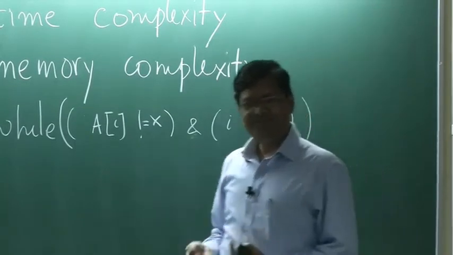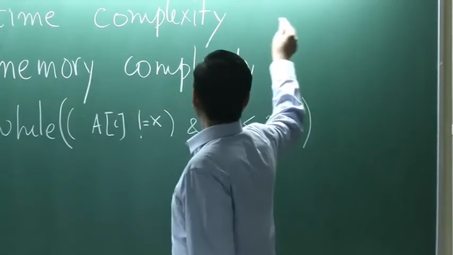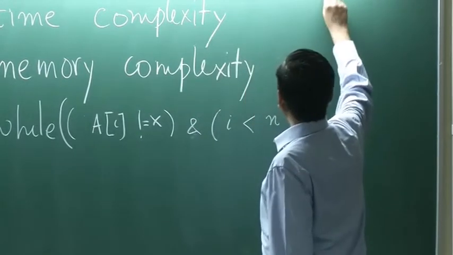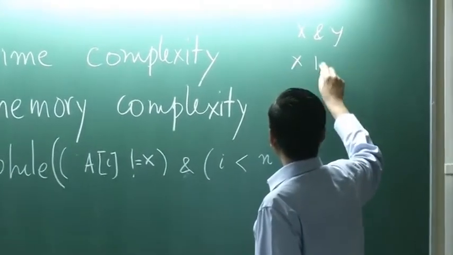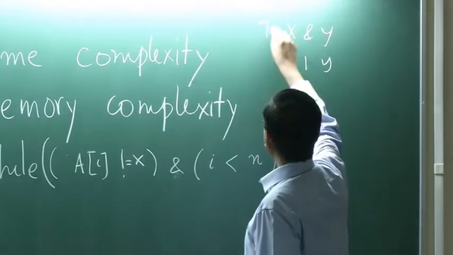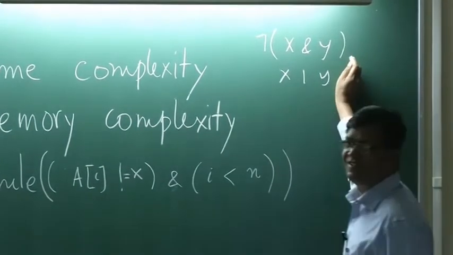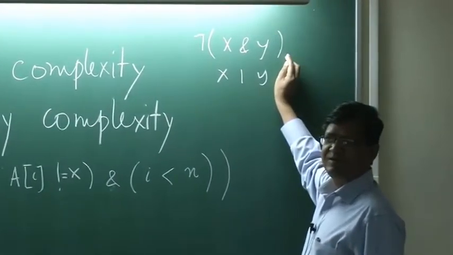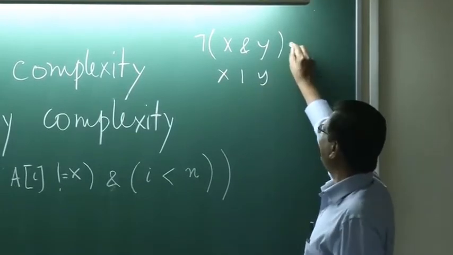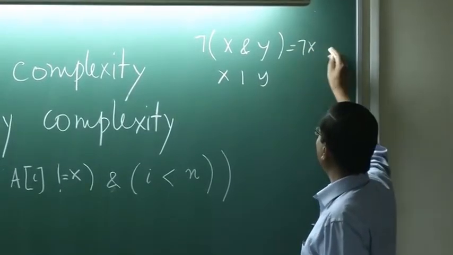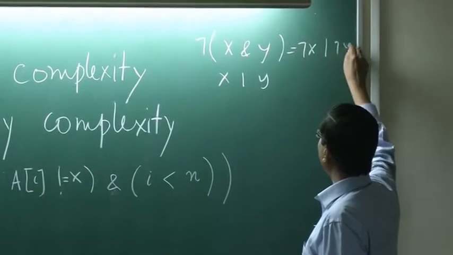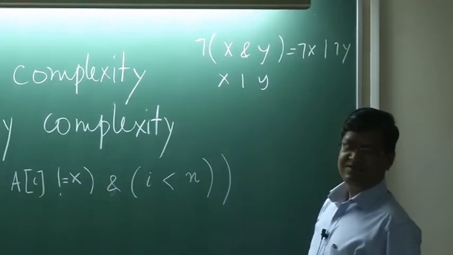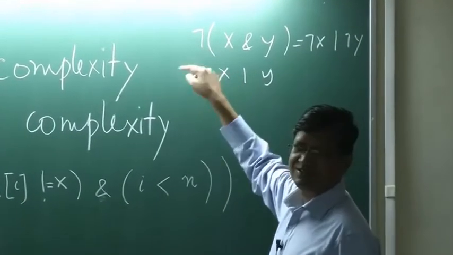So this Boolean stuff you should also know: x and y, x or y, not of this is what? So this is not x or not y, okay.